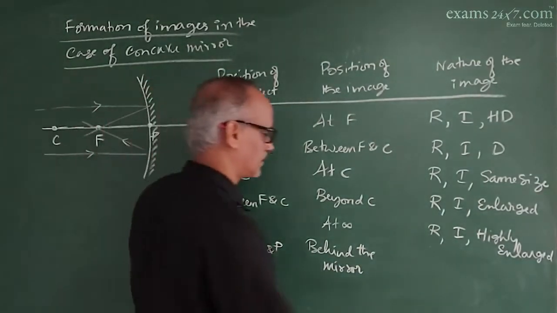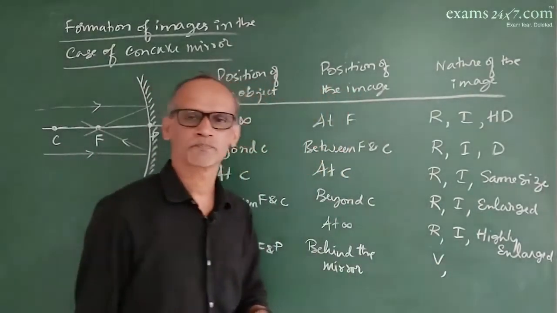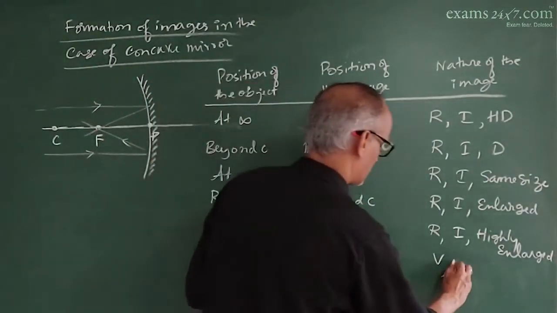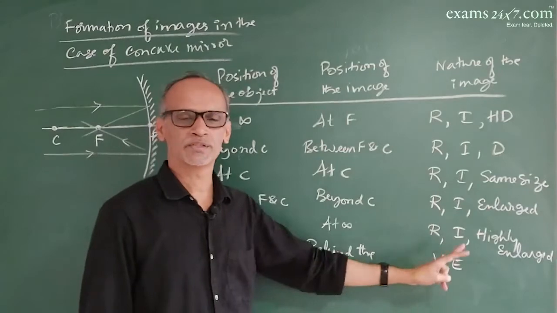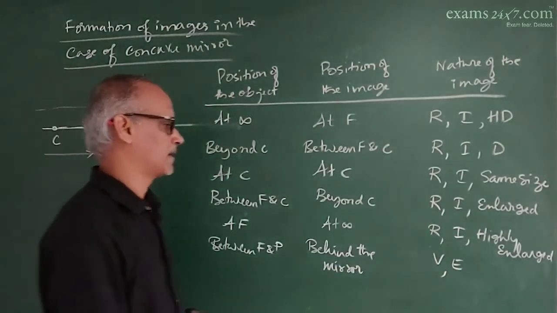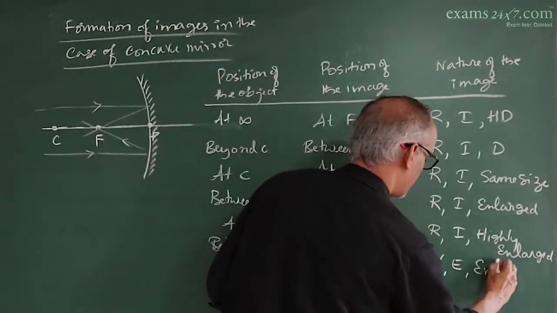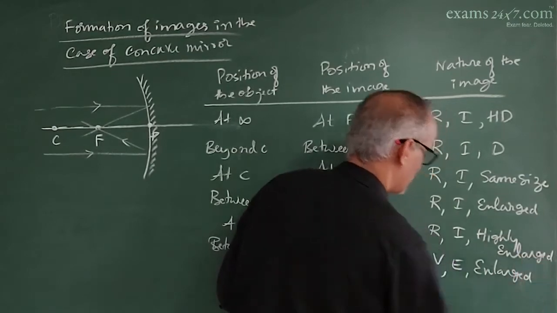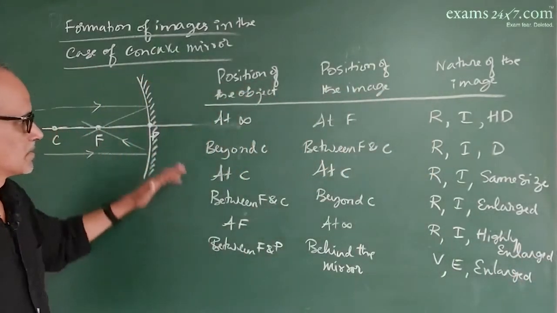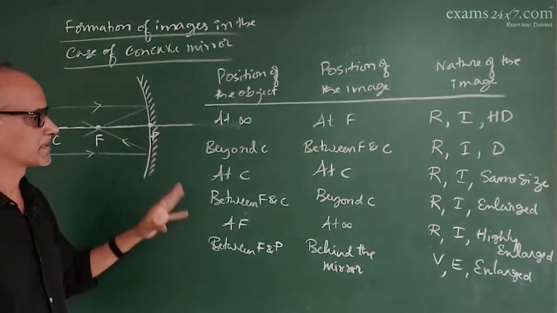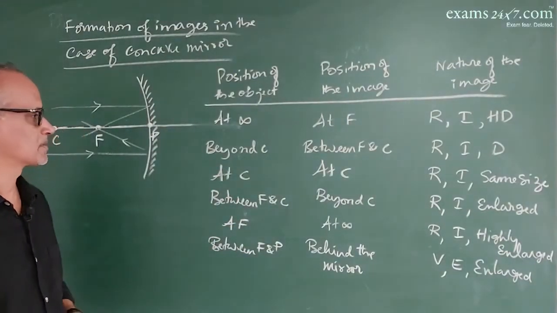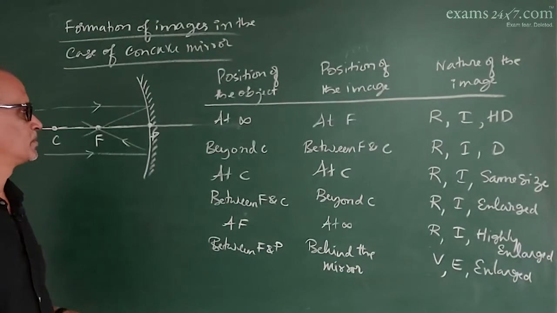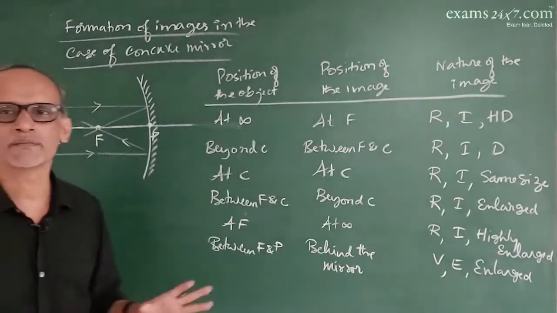So we get a virtual and erect image. Real images are inverted, virtual images are always erect, and then it is a magnified or enlarged image. So you should remember these points or the table to solve many questions related to the formation of the image by a concave mirror.